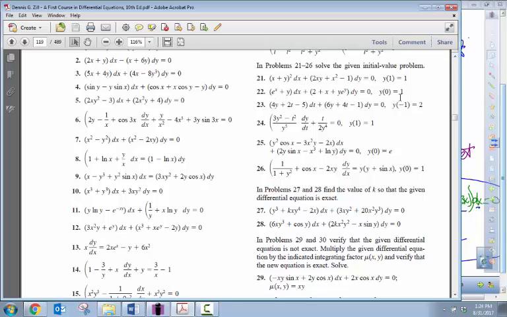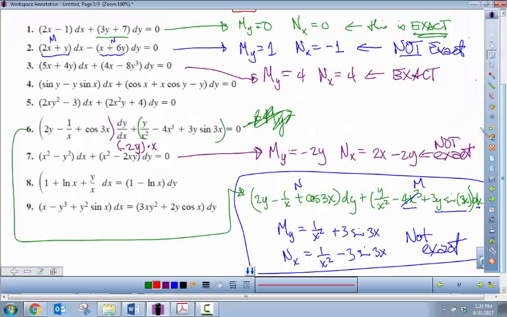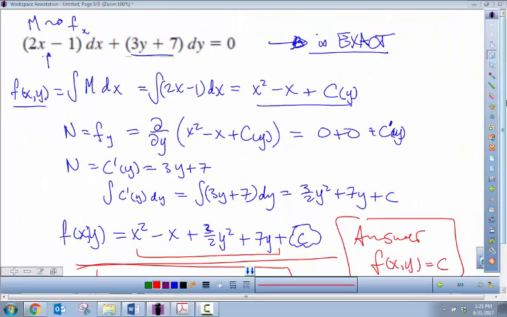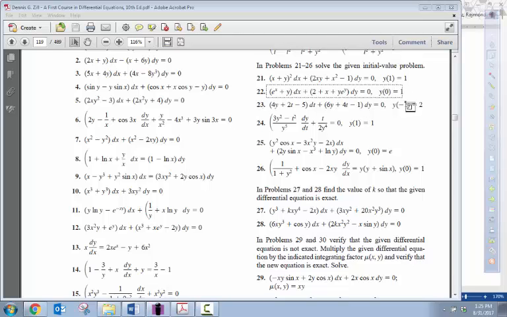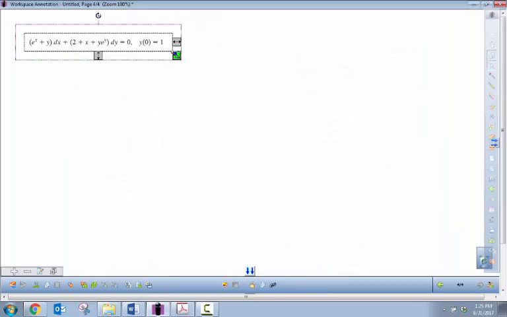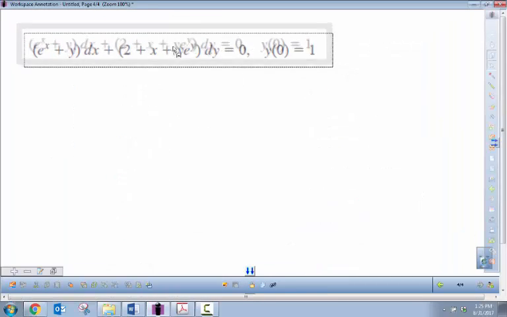Let's try number 22. It has an initial value, so that will give us some idea of solving for C. So we're going to assume that this is exact.